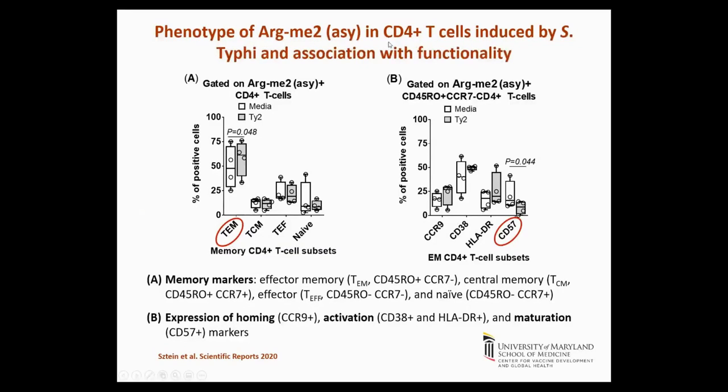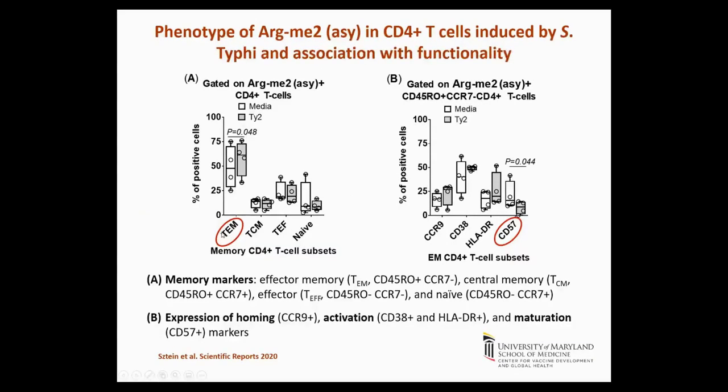Also, we could dig into further detail by looking at CD4 positive cells which have overexpression of arginine methylation, position 2, and we associate these changes in these cells with functionality.